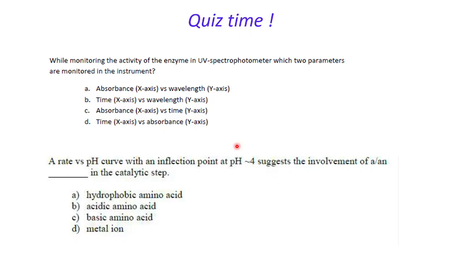So if you're having an inflection point at pH 4, it means that there is an acidic amino acid that is playing a role because the pK is towards an acidic site. The inflection point would be towards an acidic pH. So it's an acidic amino acid that's playing a role. That's option B.